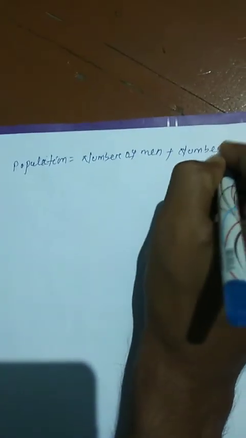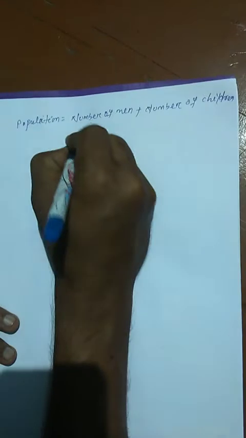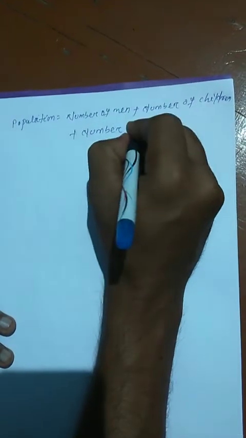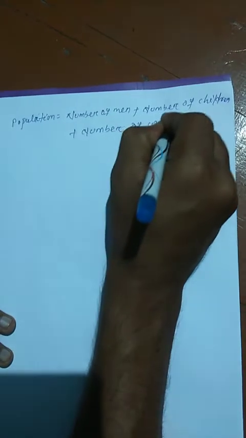Our question asks for the total population. So population is equal to number of men plus number of children plus number of women, or else number of women then number of children, whatever you want to write, no problem.